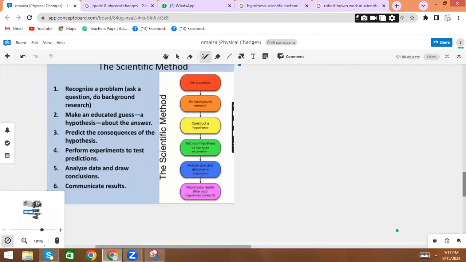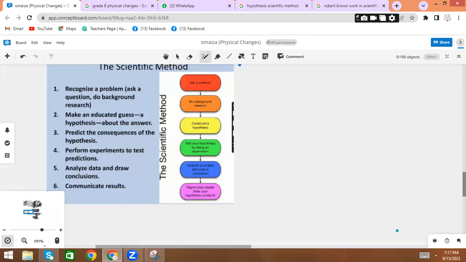It needs the aim, question, prediction, fair test, method, materials, observations, and conclusion.